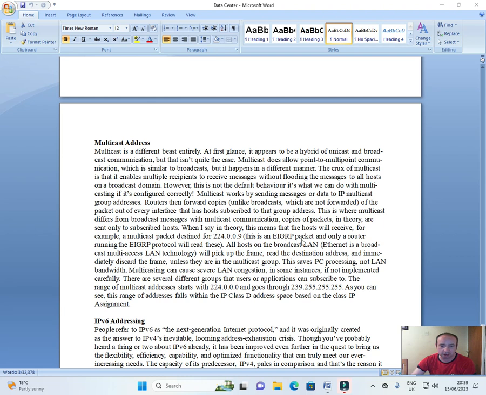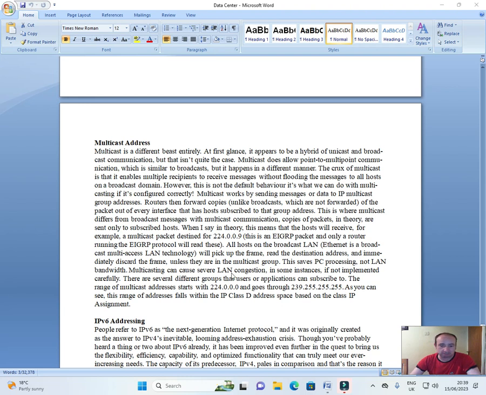This is an EIGRP packet, and only a router running the EIGRP protocol will read these. All hosts on the broadcast LAN, Ethernet being a broadcast multi-access LAN technology, will pick up the frame, read the destination address, and immediately discard the frame unless they are in the multicast group. This saves PC processing, not LAN bandwidth.